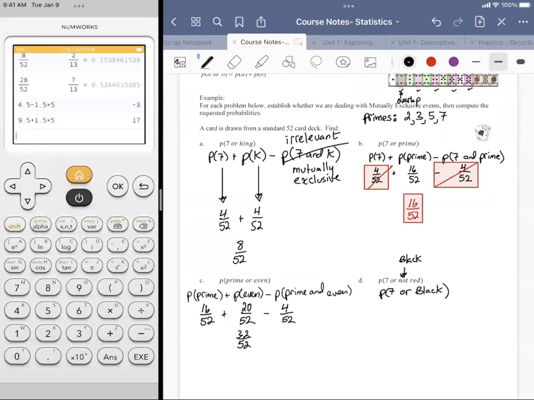All right. The probability of 7 or black and 7 or red would actually be the same thing because there's an equal number of red cards and black cards in the deck. But if we're just going through the process, probability of 7 plus the probability of black minus the probability of 7 and black.